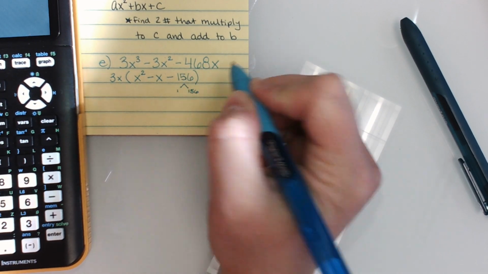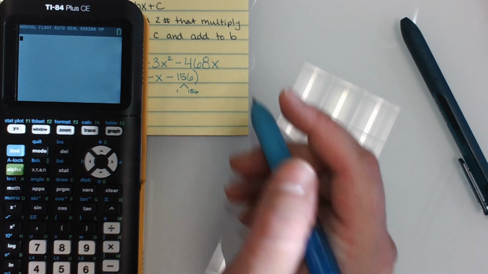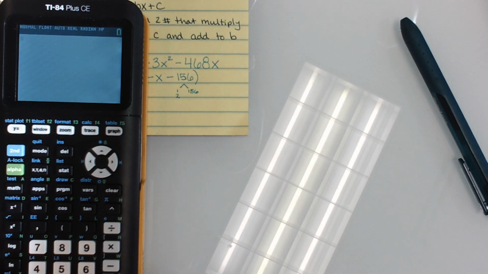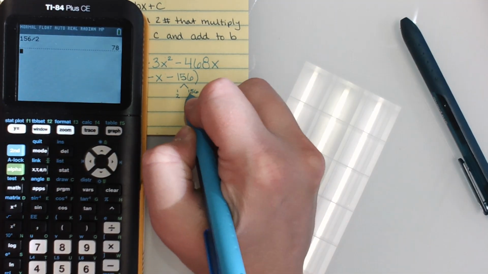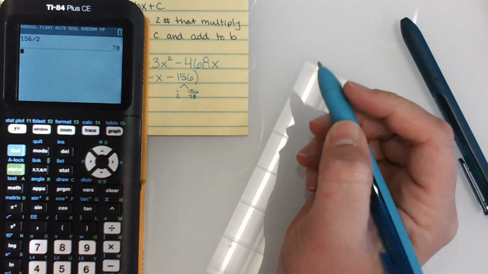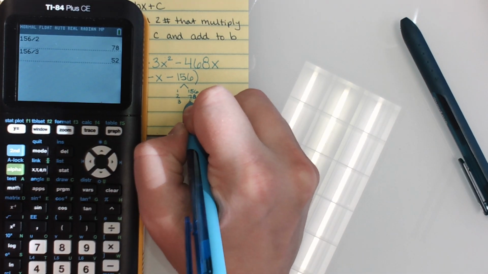I ignore the negative at first. If you don't know what 2 times whatever is 156, you've got a calculator to divide it by 2. 2 times 78. 156 divided by 3. 3 times 52.